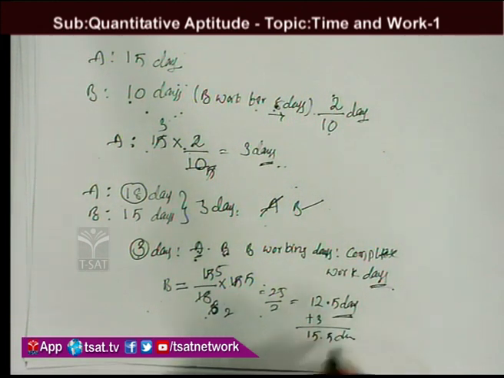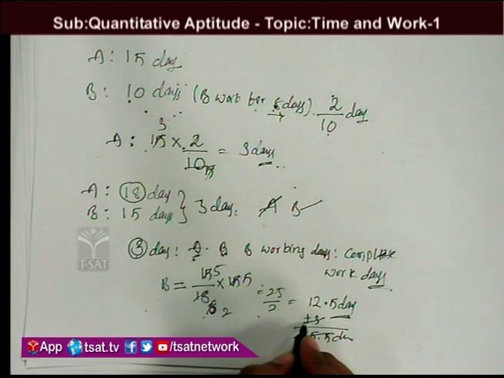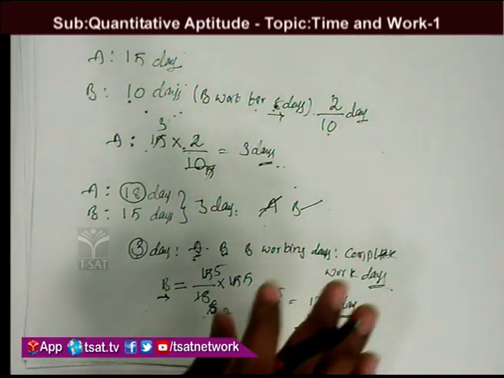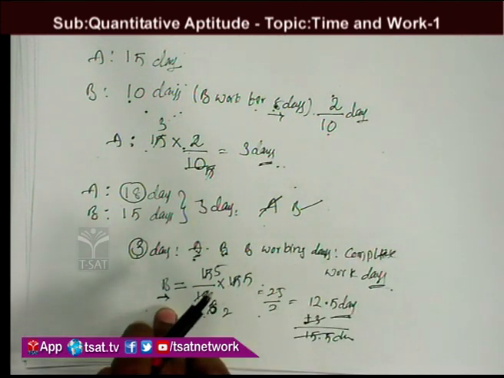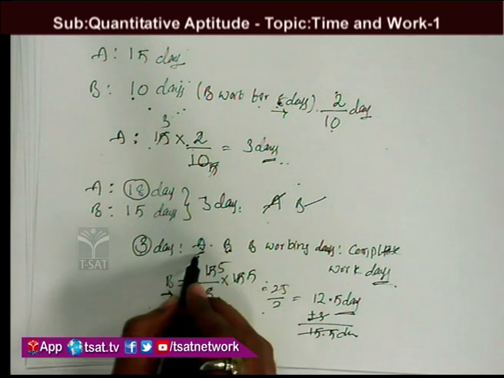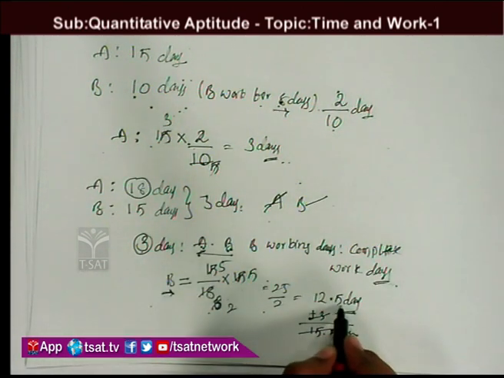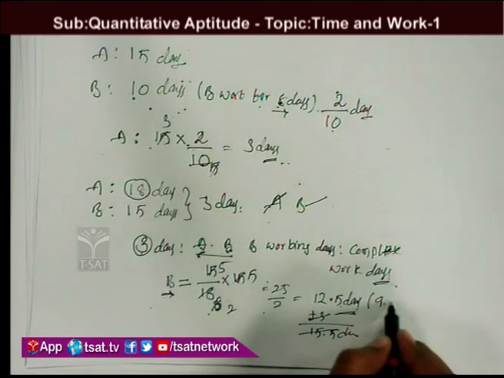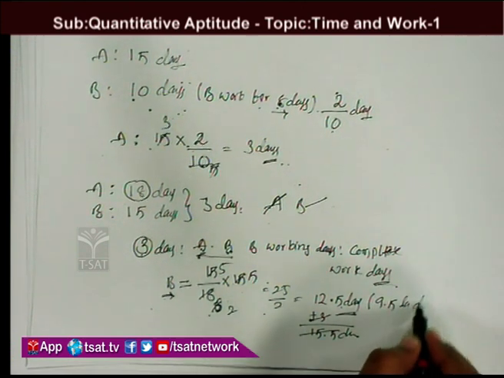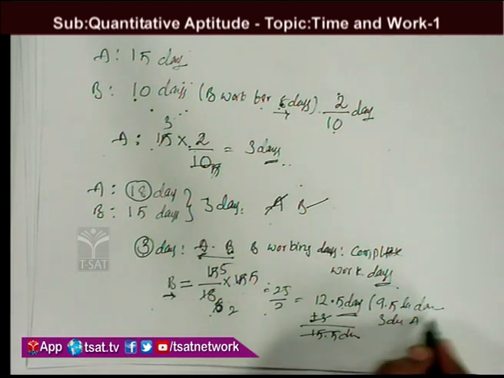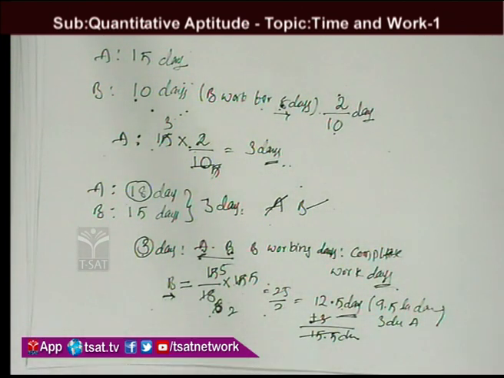This is the doubt, but this is the wrong answer, because we are finding how long B is working in total. B is working these 3 days with A and the remaining days alone. That means 9.5 days alone B is working and 3 days with A, so that is the 12.5 days.